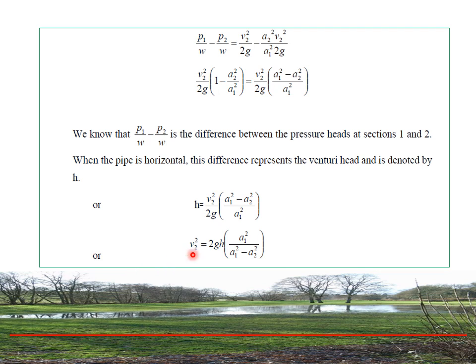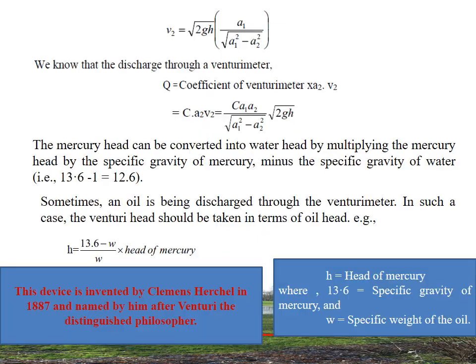We can rewrite the equation as V2 square equal to 2gH into A1 square by A1 square minus A2 square. So V2 equal to root 2gH into A1 divided by square root of A1 square minus A2 square.